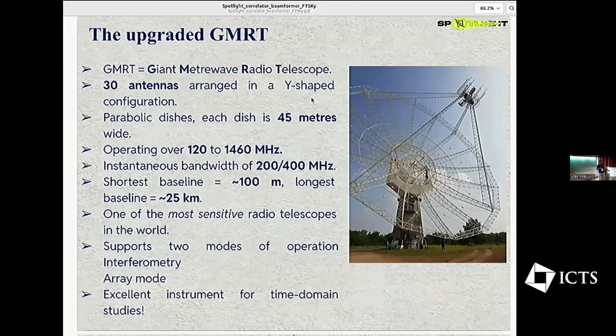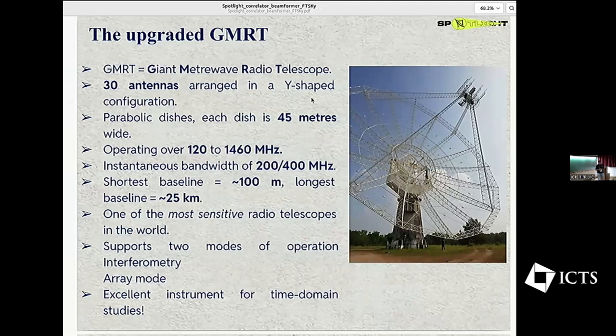Most of you know, but GMRT is the Giant Metrewave Radio Telescope. It's located around 80 kilometers north of Pune. It has 30 large dish antennas arranged in a Y-shaped array with 14 antennas in a central square kilometer area, and the rest of the antennas spread over 3 arms.